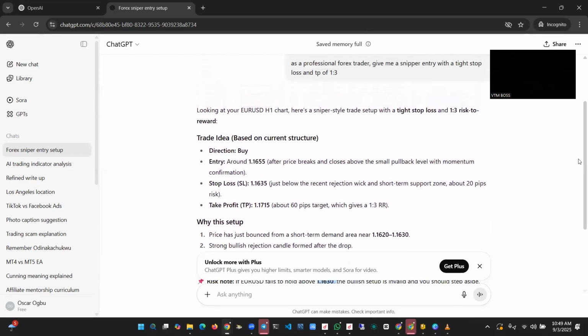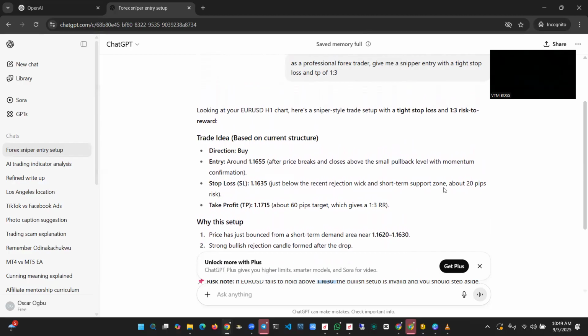Now, which signal provider is going to give you this? All you just need to do is to obey this instruction that has been given. If you do this, like I do tell people, life has been made easier if you understand how to use ChatGPT. Okay, as a trader, if you understand how to do this, the work is very easy for you.